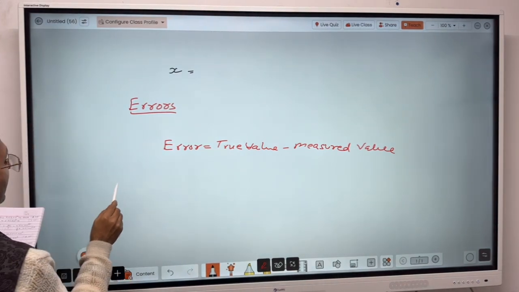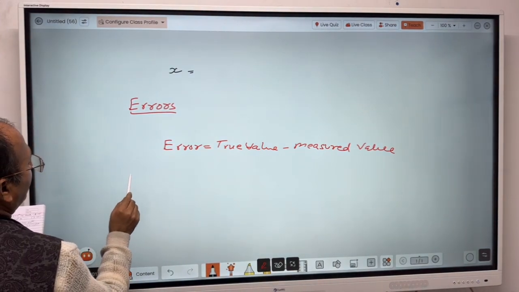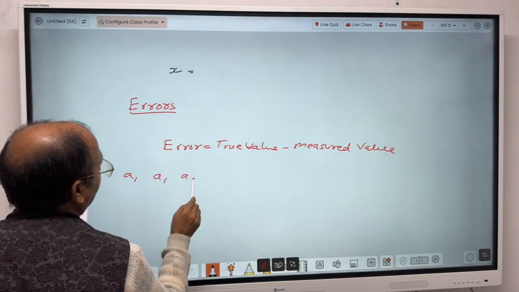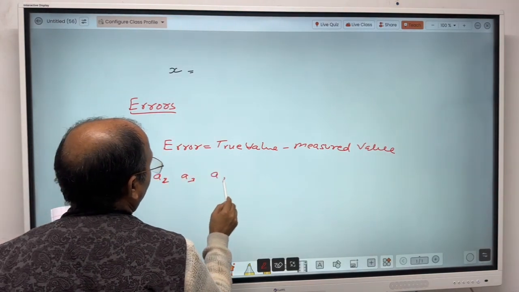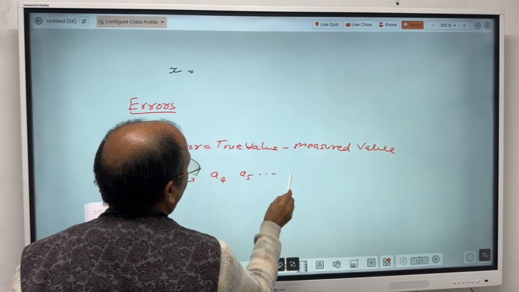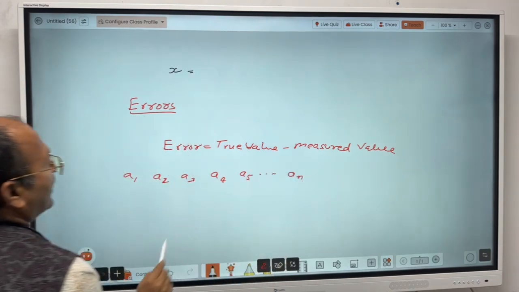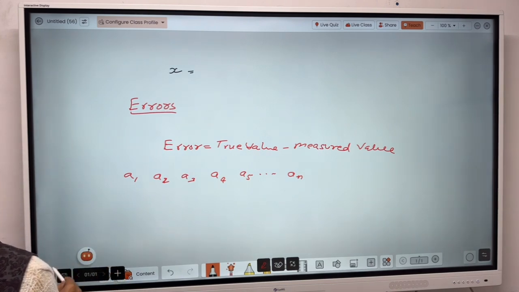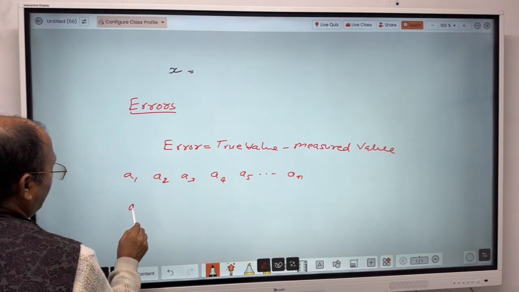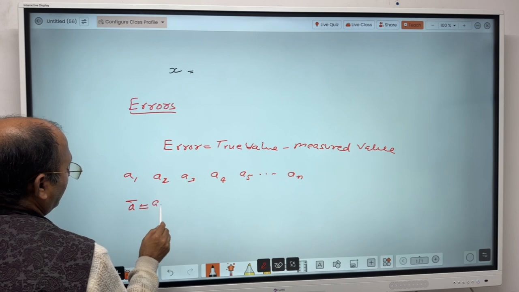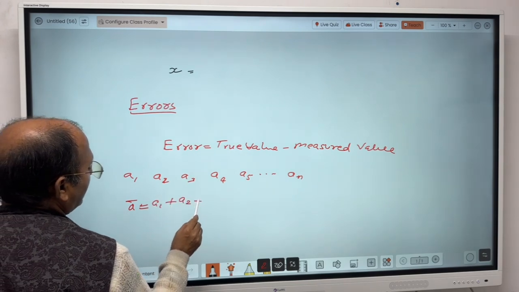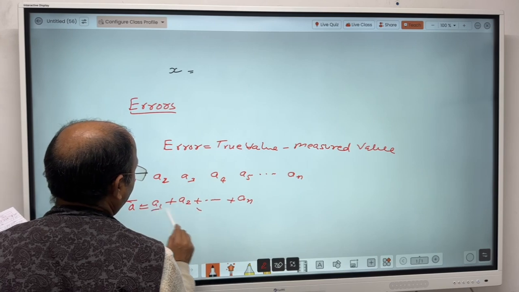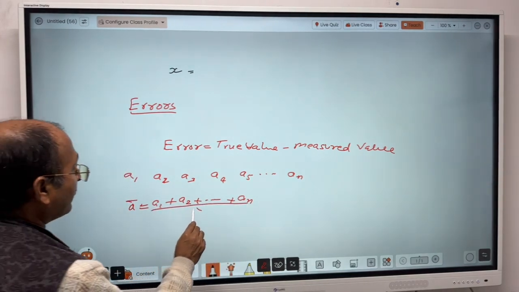For example, suppose we measure a quantity whose different values are A1, A2, A3, A4, A5, up to An. So what is the accurate value? In order to get the accurate value, first of all, we find their average. So A bar is equal to A1 plus A2 plus dot dot dot plus An divided by n.